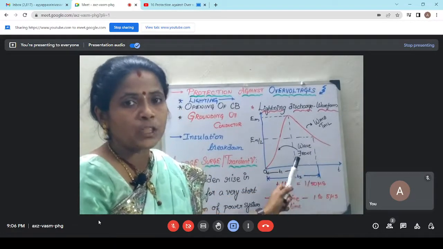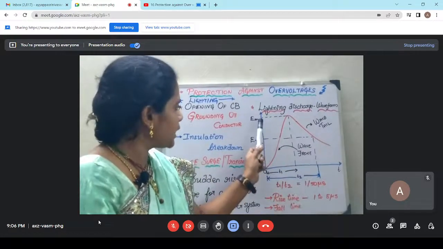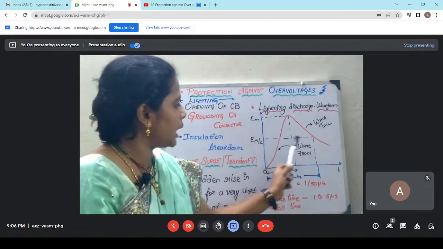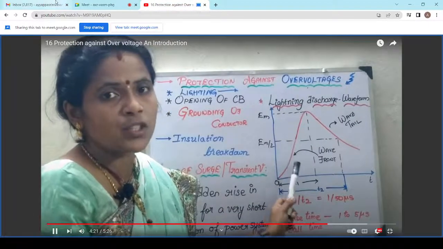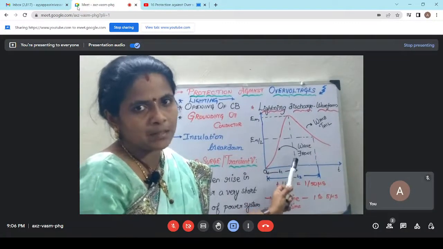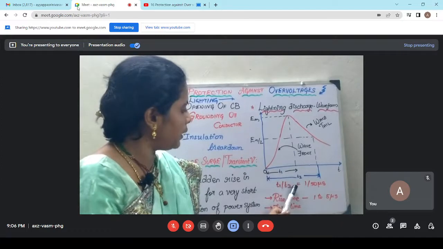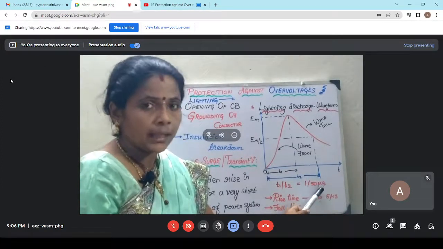Whenever I would like to express a lightning waveform, I will express it in terms of the rise time bar the fall time. Fall time is how much time it takes to reach 50% of its value from the maximum. T1 bar T2 is called 1 bar 50 microseconds.